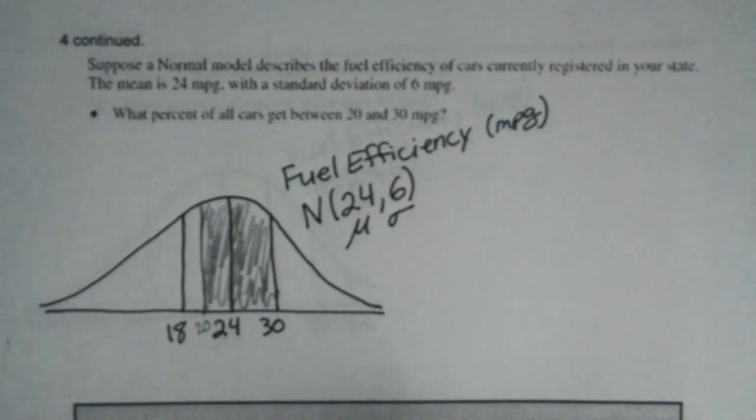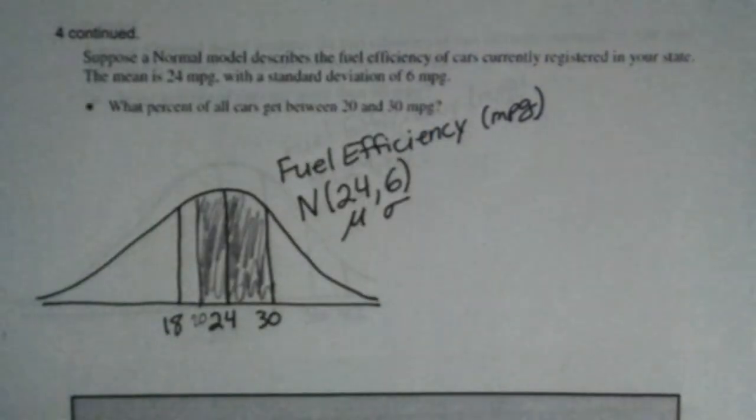So again, you'll use your normal cumulative distribution function in your calculator. So hit second, variables, which says distribution on top, go down to normal CDF for cumulative distribution function. Now your lower bound is going to be that 20. The upper bound is going to be the 30.